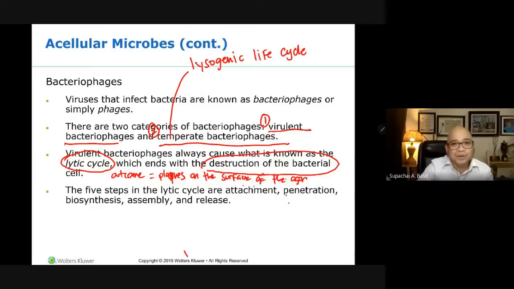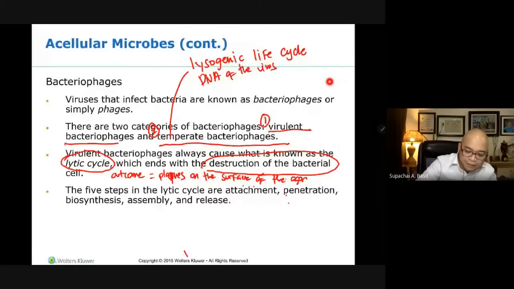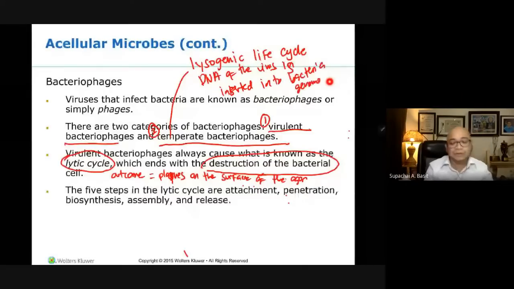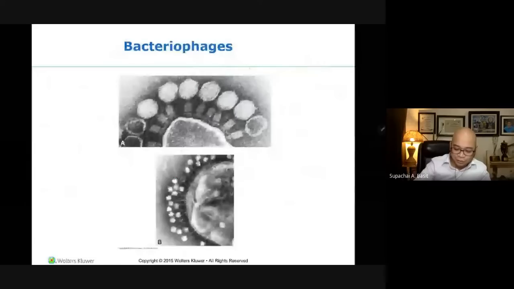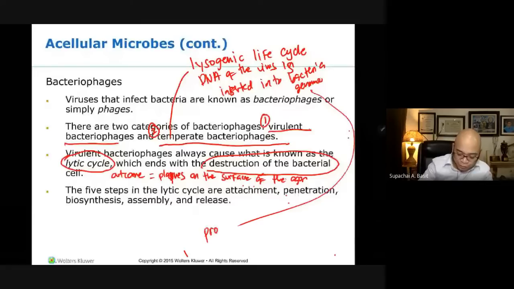When you say lysogenic life cycle, the bacteria will not be destroyed, but the DNA of the virus is inserted into the bacterial genome. That is what will happen. And that inserted DNA is called the provirus or the proviral DNA.